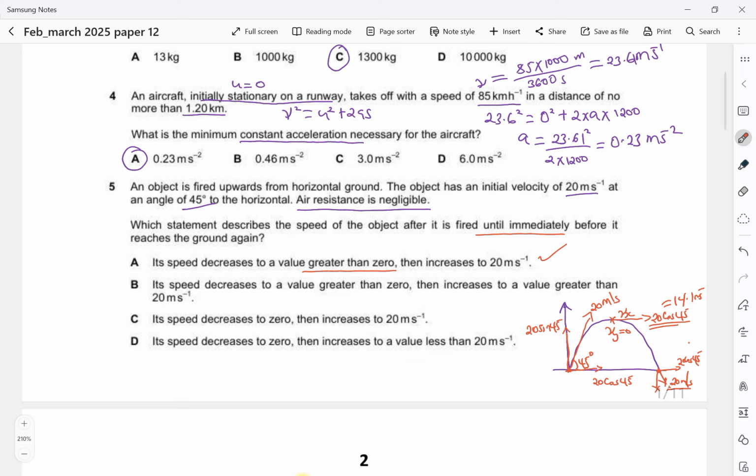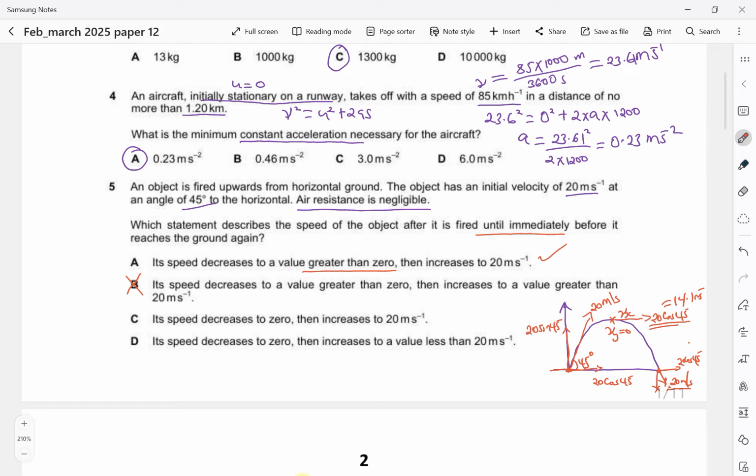It does not, because it falls at the same horizontal point, the same height. If it goes up to the highest point and falls at a point which is on the same horizontal line with the point of projection, then the speed does not go beyond 20 meters per second. It will only go beyond 20 meters per second if it continues further below the point of projection.